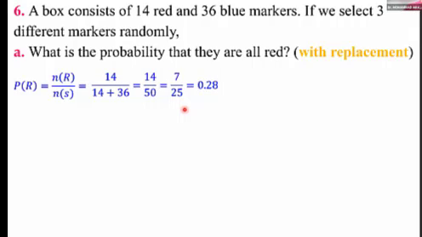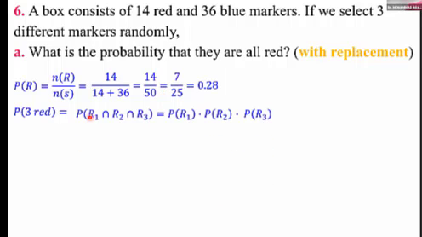Since we want probability of 3 being red and we are doing it with replacement, the probability stays constant and it doesn't change from one stage to the next. Therefore, this is simply probability of 1 red to the 3rd power. So the way you would write it, as far as the formula is concerned, you want probability of R1, that means the first one is red, intersection R2, intersection R3, which is the product of each, simply because they are independent and each one is either 7/25 or 0.28, however you want to put that.